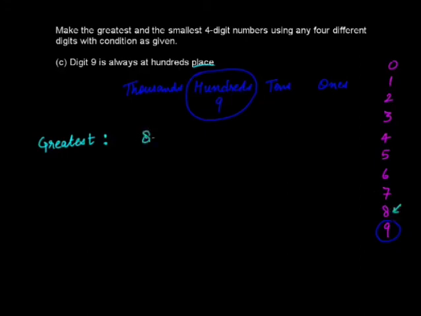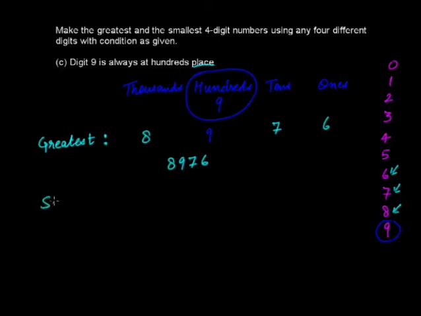So write it here, 8. You'll get the 9 here because it was fixed. Which is the next greatest digit? 7. So we'll write 7 here. Next greatest digit? 6. We'll write 6 here. So the number is 8976.